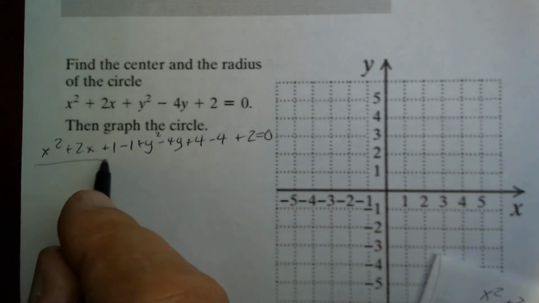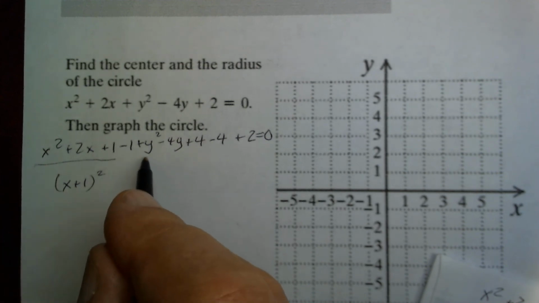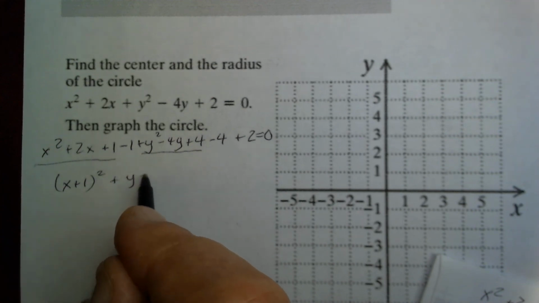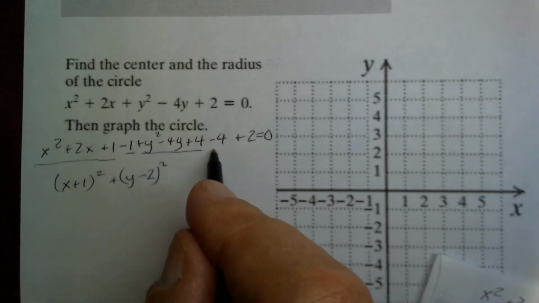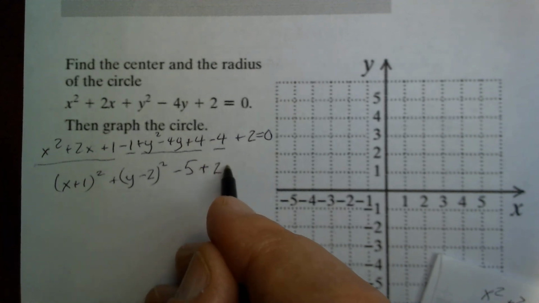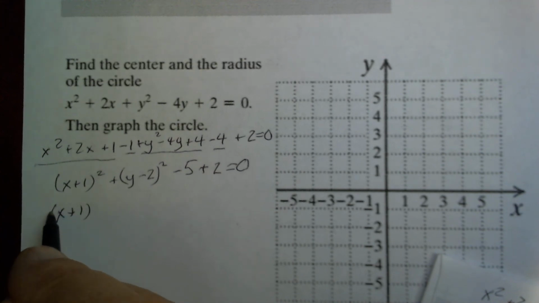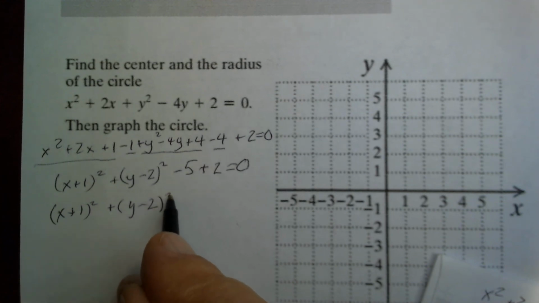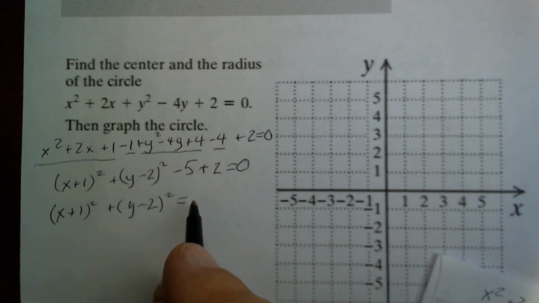So now for this part here, it will be x plus 1 squared. And this will be y minus 2 squared. And then we have minus 1 minus 4 is minus 5 plus 2 equals 0. So then we can write this as x plus 1 squared plus y minus 2 squared, and so minus 5 plus 2 is negative 3.